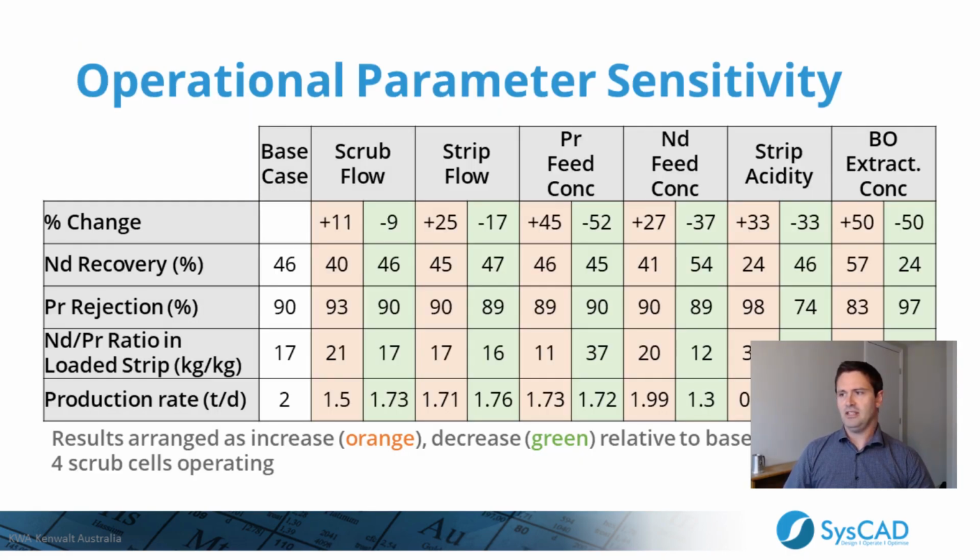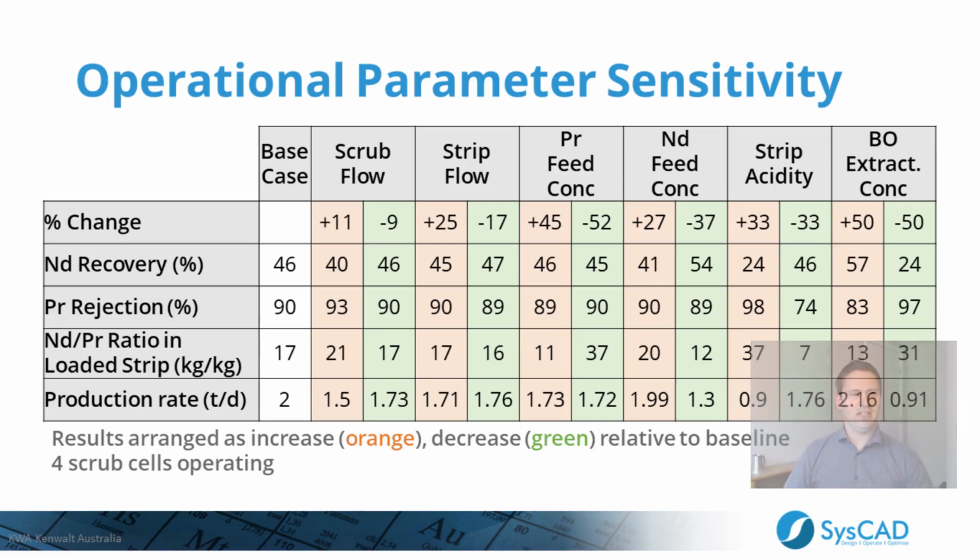So the results of the sensitivity analysis are found here. Essentially, we did a series of runs from Excel and we controlled the process remotely from Excel. The results here are arranged as an increase in the variable is orange and a decrease in the variable is green relative to the baseline. And there are 4 scrub cells operating. Very briefly, the scrub flow we increased by adjusting the O to A ratio.